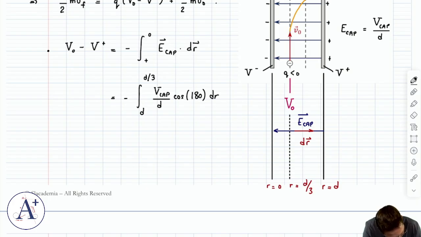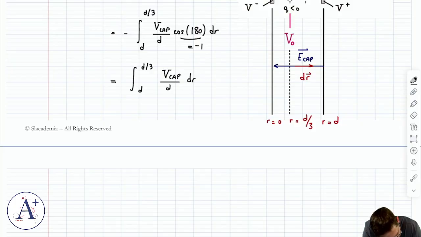All right. Now cosine 180 is equal to minus 1. That's going to kill the minus out front. So I'm going to get the integral from d down to d over 3 of V cap over d times dr. And because V cap over d is a constant, I can pull it out. If I integrate dr, I just get r.